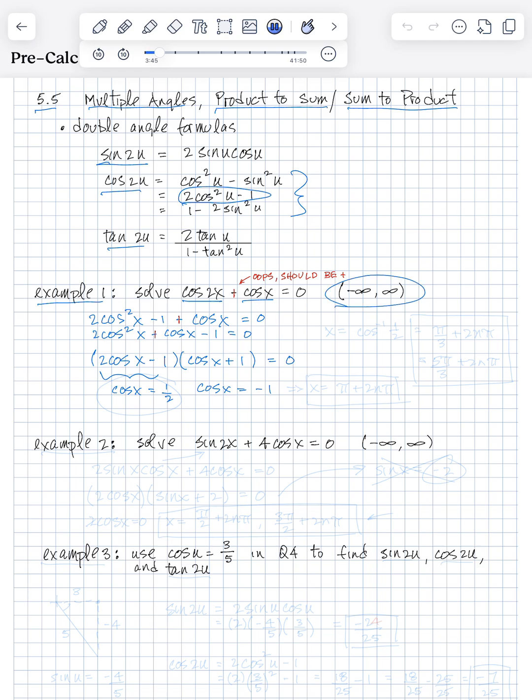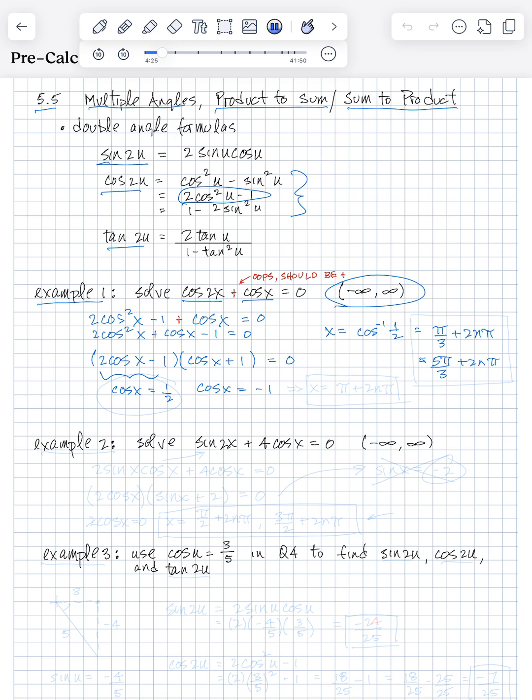Okay, since the interval is all real numbers, we'll do the first one first. Where is the cosine of x equal to 1/2? x equals arc cosine of 1/2, and that's equal to pi over 3. And then we have to add the plus 2n pi. And it's also equal to 1/2 at 5 pi over 3 plus 2n pi.